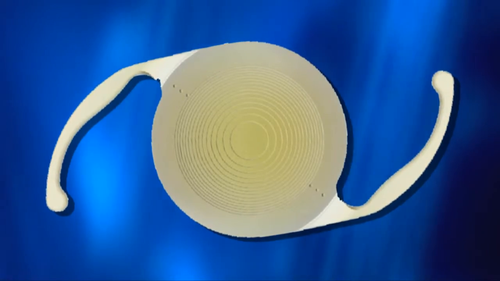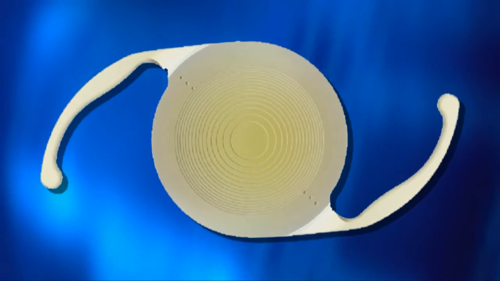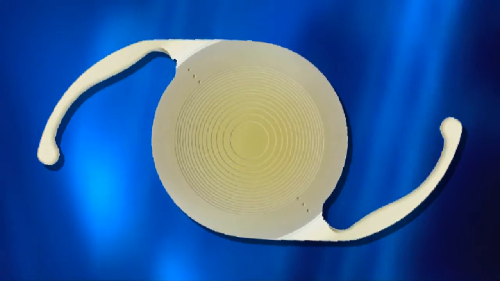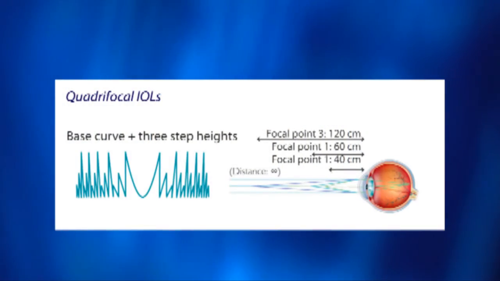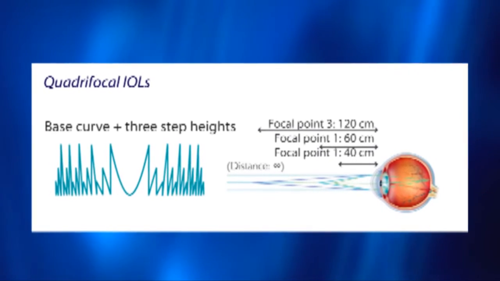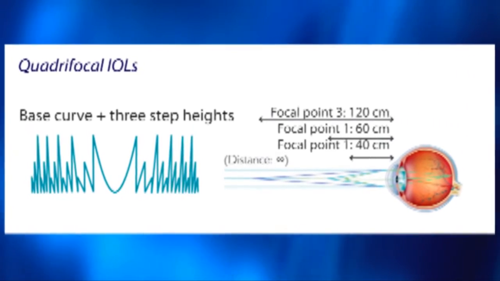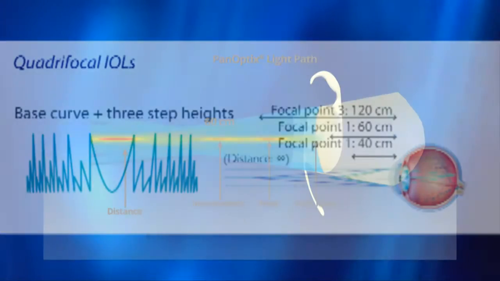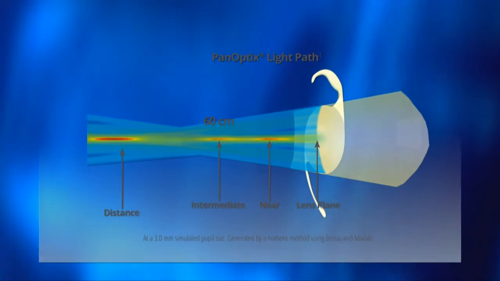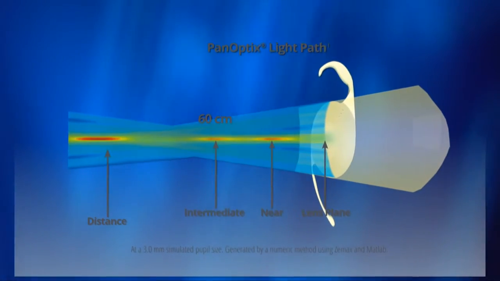The panfocal uses quadrifocal technology, with 3 focal points at 40, 60, and 120 centimeters, plus the distance focus from the base curve. This technology was modified so that the extended intermediate focal point, 120 centimeters, is redistributed to the distance focal point to optimize light use, enlightened optical technology.